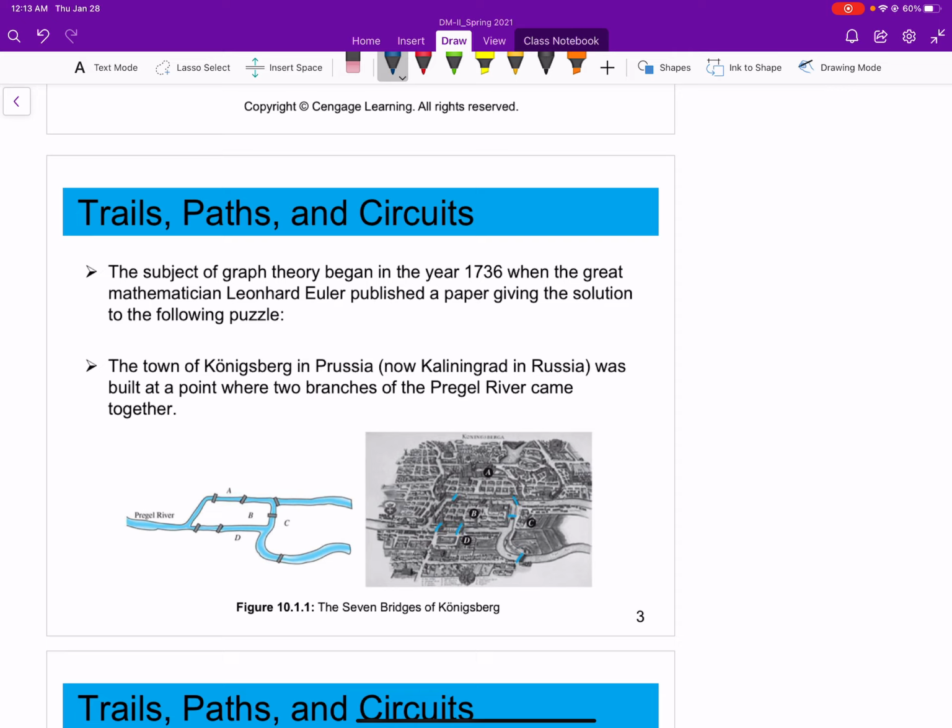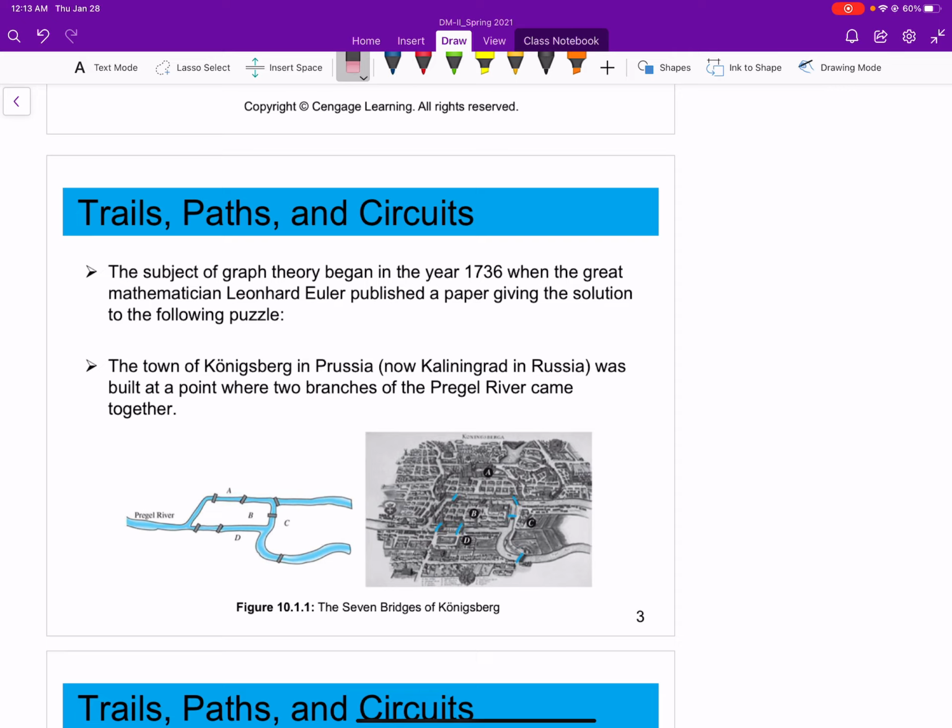It is very recent. But the concept of graphs or the concept of networks existed long before. So this is a story about that. Let me read the description here, and then I will stop when I want to explain a little bit more.